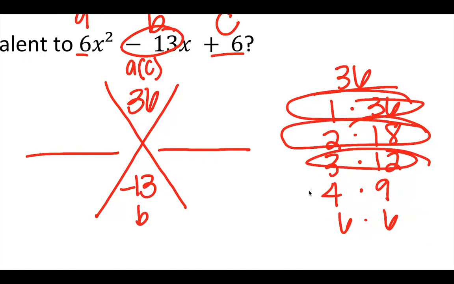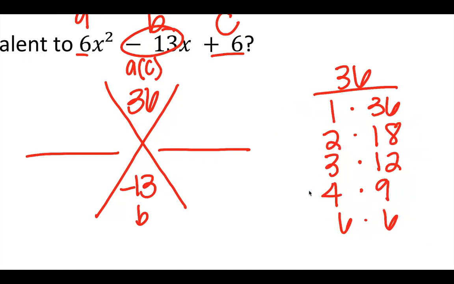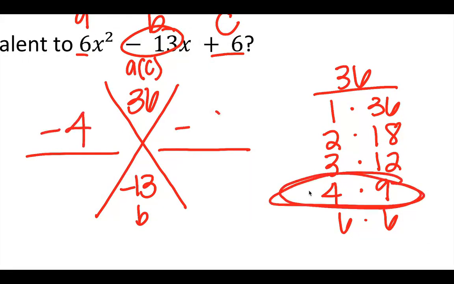And again, you can change the signs around, whatever you need to do. I see 4 and 9, and if I make those both negative, a negative times a negative gives me that +36, and then -4 plus a negative 9, I add them, and that's going to give me the negative 13.